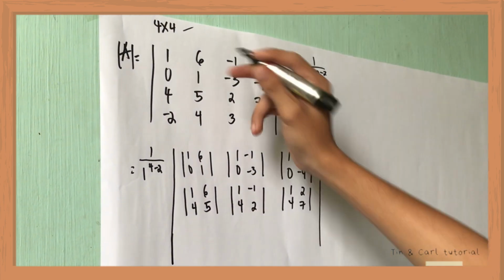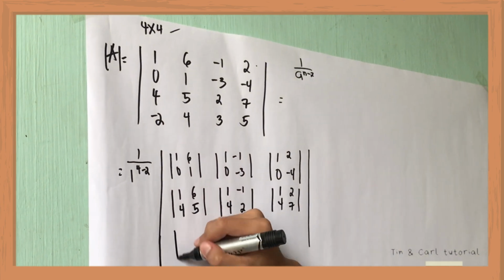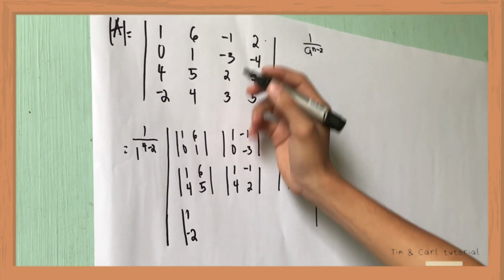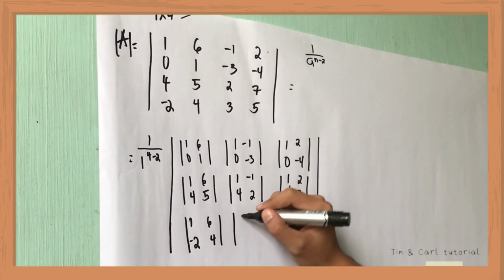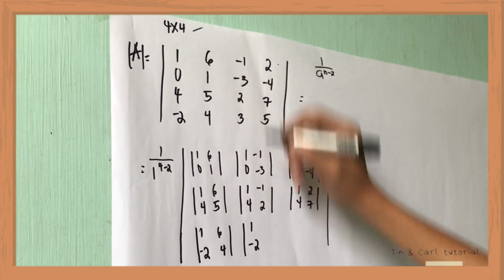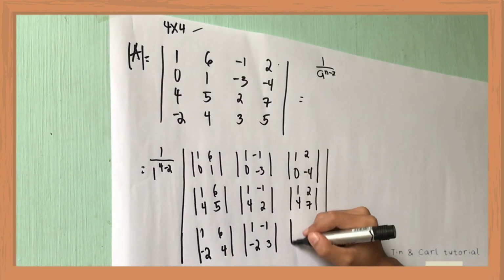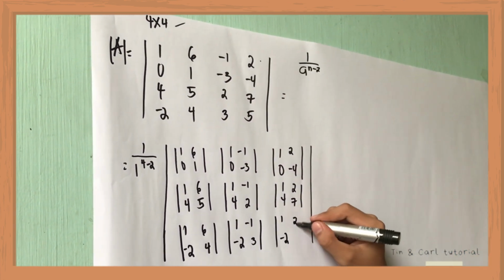So, lastly, first row and last row. 1, 2, negative 2 pala, sorry. 6 and 4. 1 and negative 2. Negative 1 and 3. 1, negative 2. 2 and 5.